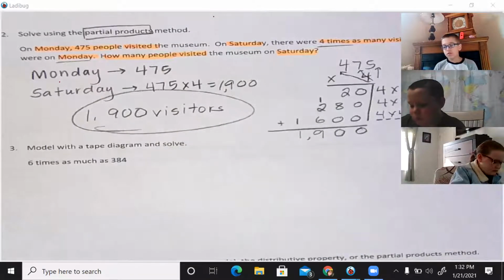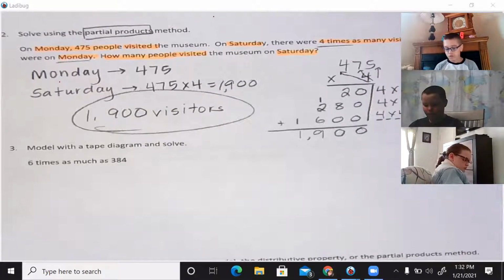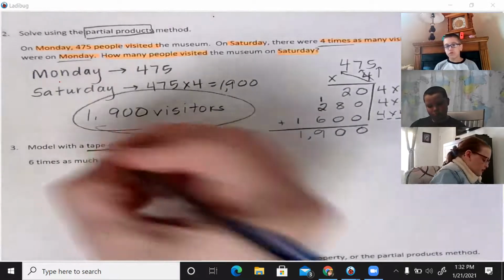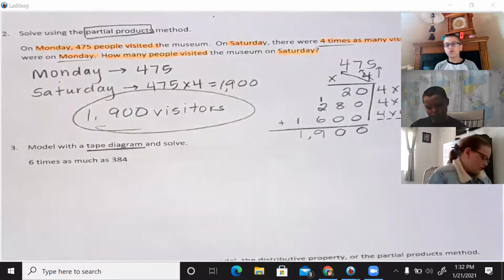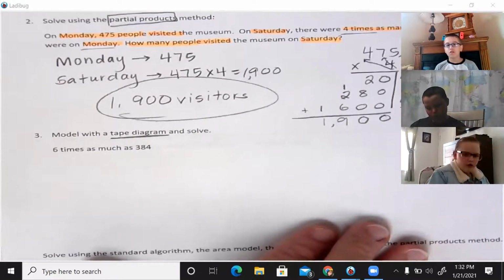Okay, now number 3. We go back to an oldie, but a goodie, something we haven't done in a long time. Tanya, read number 3. Model with a tape diagram and solve. 6 times as much as 384.